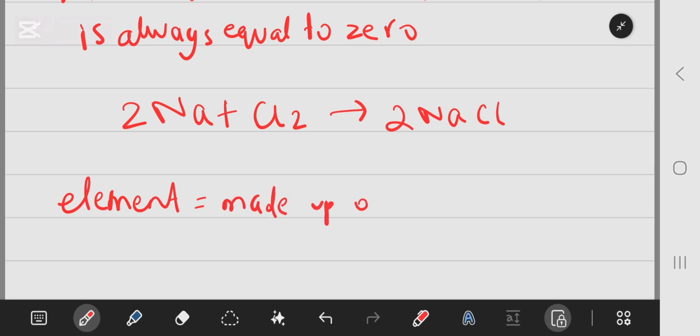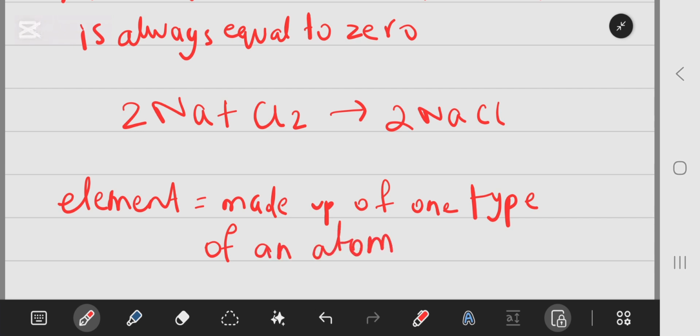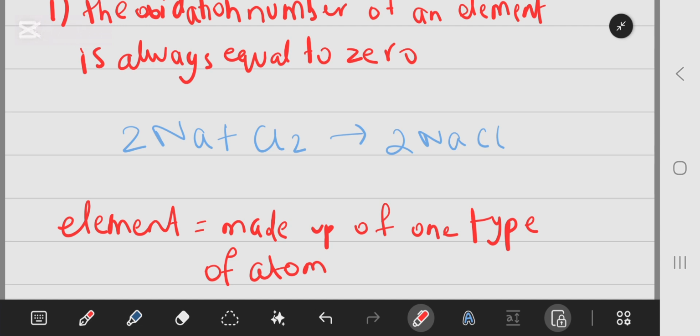Notice how I'm using the word type. Not just one atom, but one type of atom. So I can see over here that there are two elements in this equation, and I'm going to assign them the value of 0.